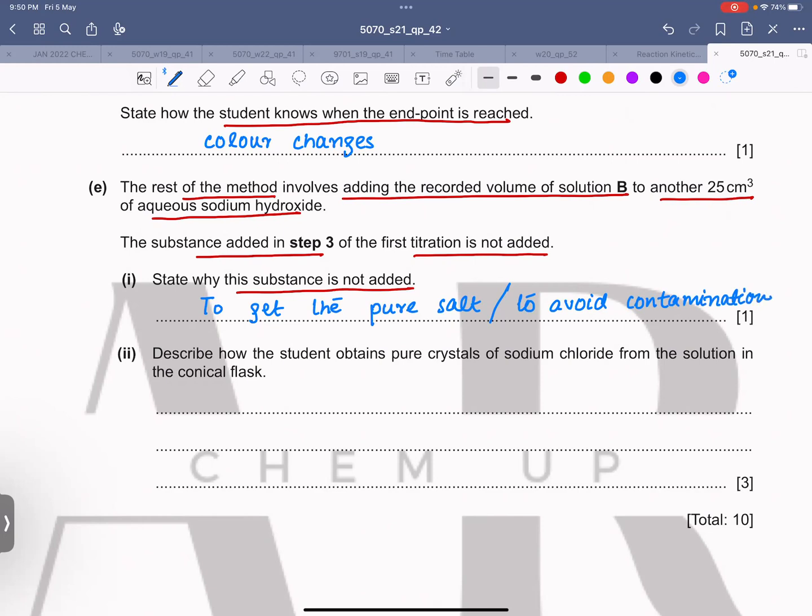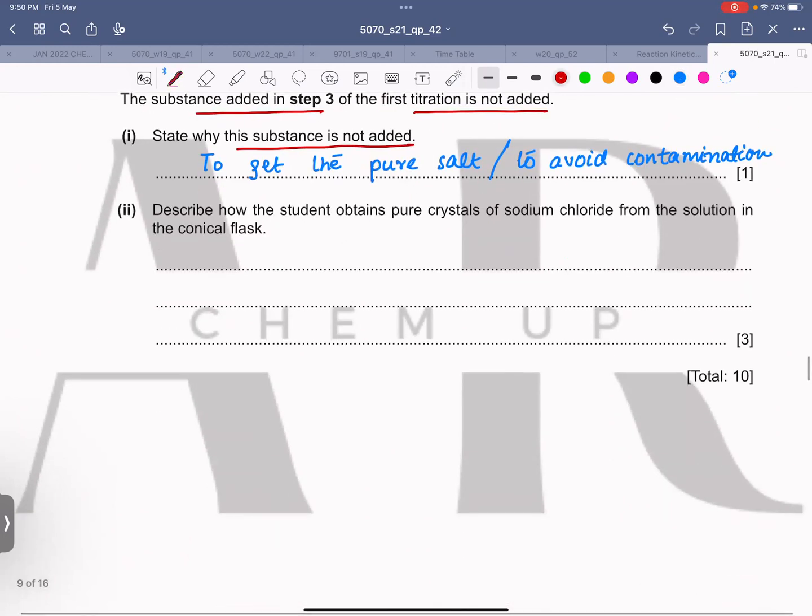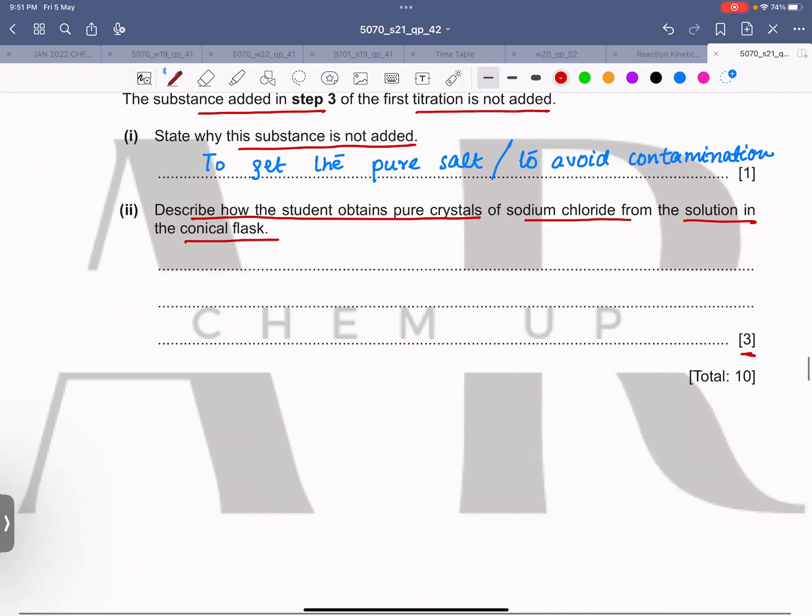Now, describe how the student obtained pure crystals of sodium chloride from the solution in the conical flask. And see, it's of 3 marks.